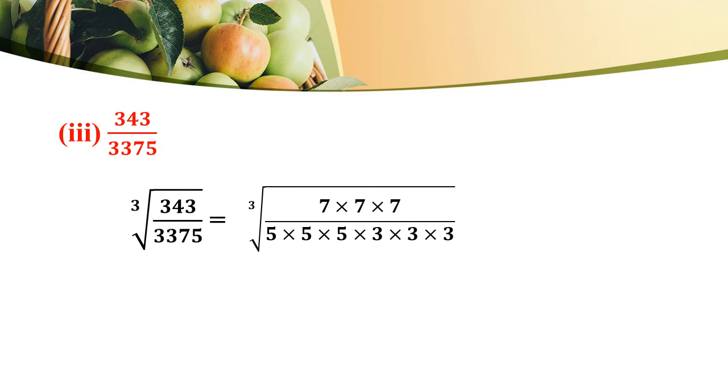Then take one factor from the group. So take 7 from the numerator, and take 5 and 3 from the denominator. So 7 by 5 into 3, which is 7 by 15.